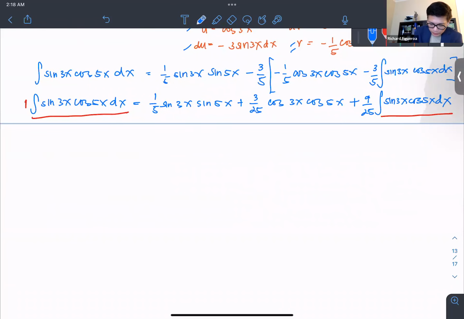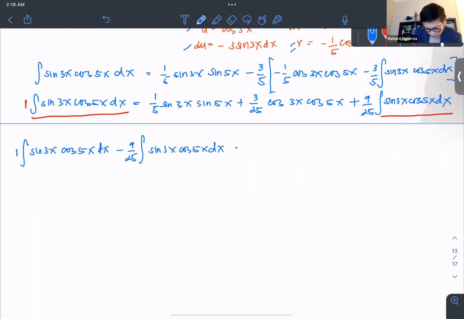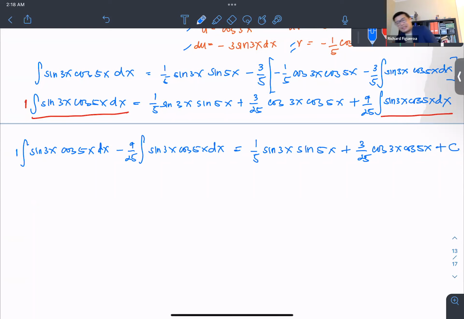I'll just have 1, the integral of sine 3x cosine 5x dx, then the other one becomes minus 9 over 25, the integral of sine 3x cosine 5x dx, equal to 1 over 5 sine 3x sine 5x plus 3 all over 25 cosine 3x cosine 5x plus c, because that's the end of it.